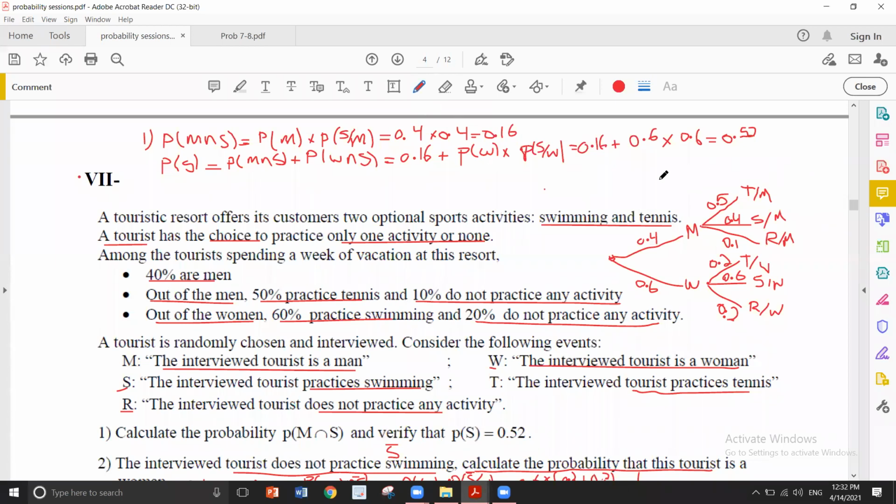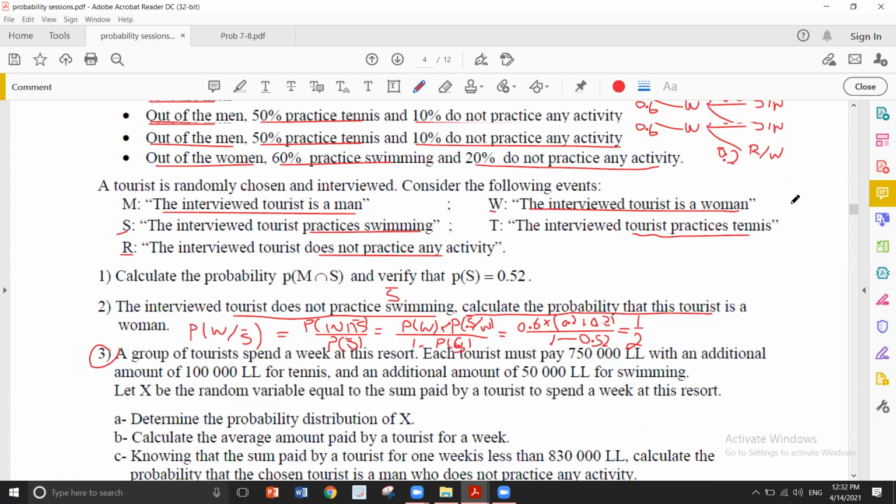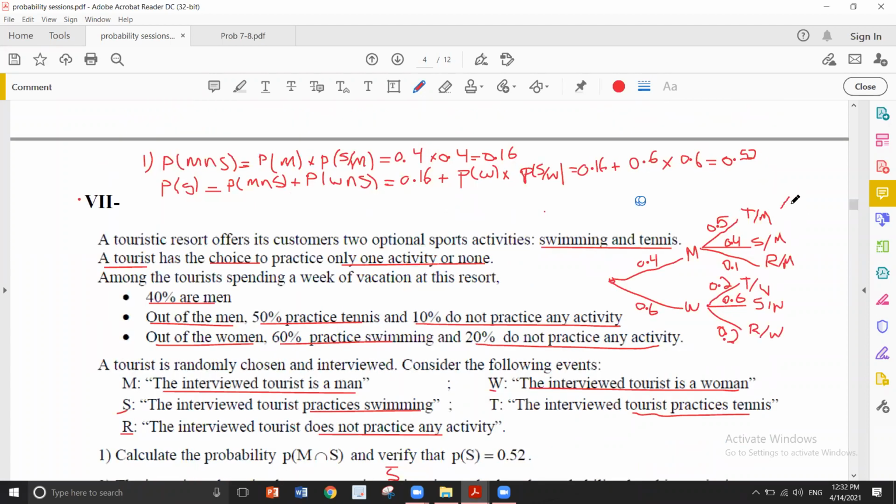How much is X? 750,000 and tennis 100,000, so it comes to 850,000.